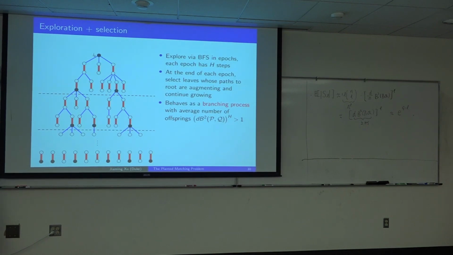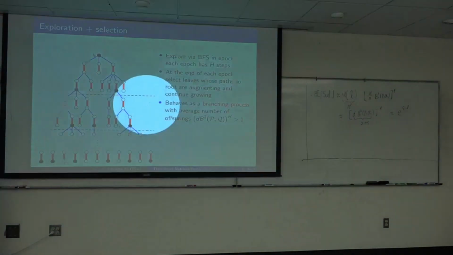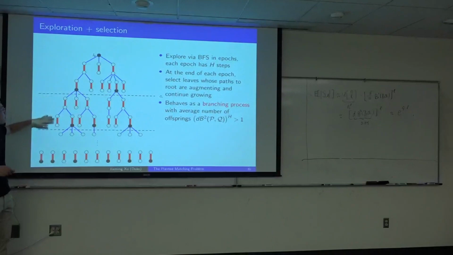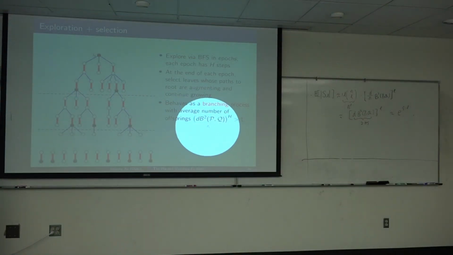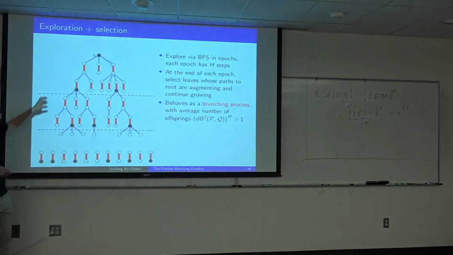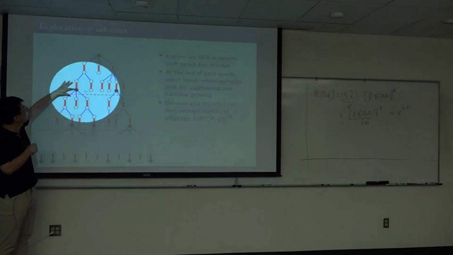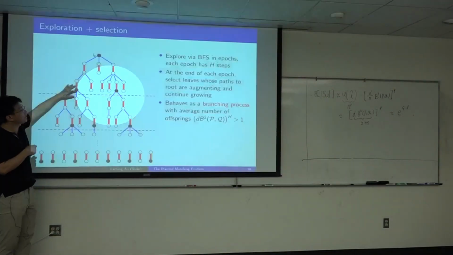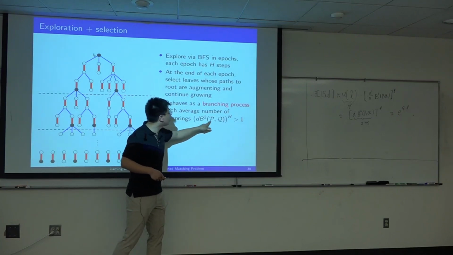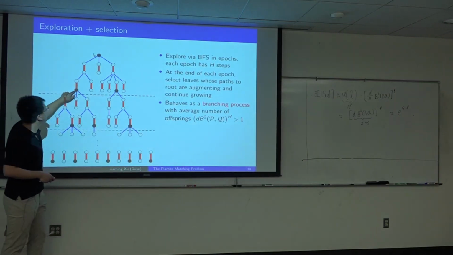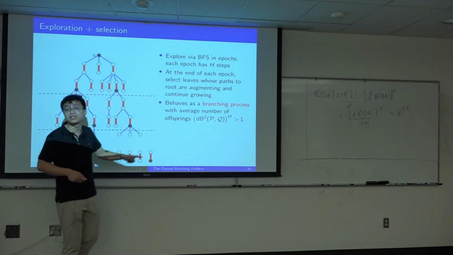Okay, and now if you look at this entire process through different epochs, you can view this as a branching process where the average number of offspring is given by this. Why is that the case? It's because you have h steps, so the total number of offspring should be like d to the h, right? And we already know that the probability for these paths to be augmenting is just the Bhattacharyya coefficient squared to the power of the number of steps.